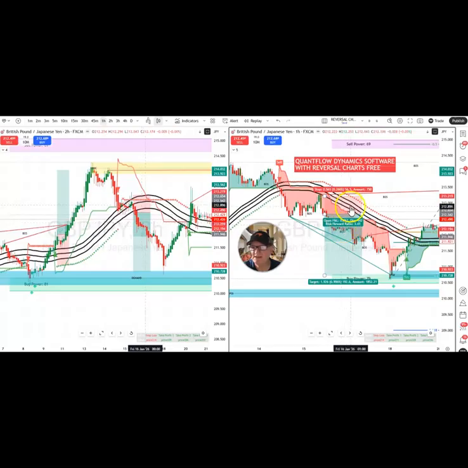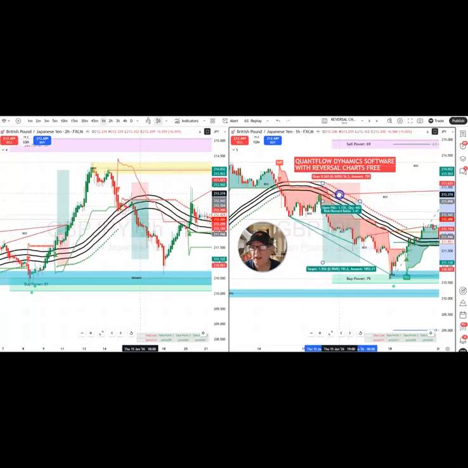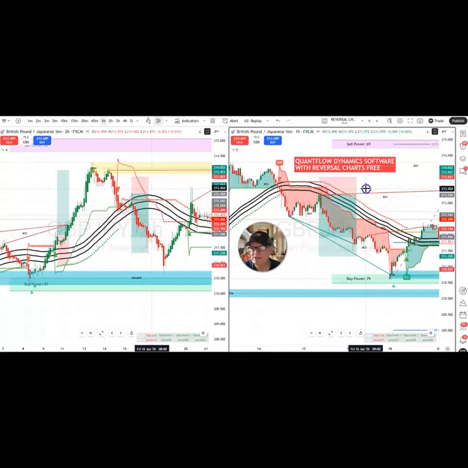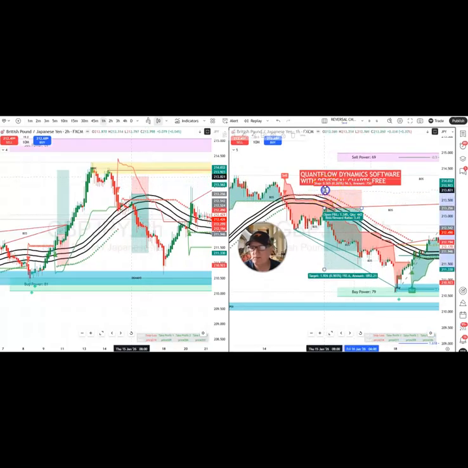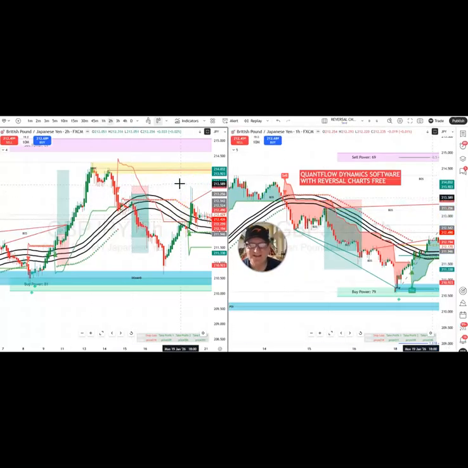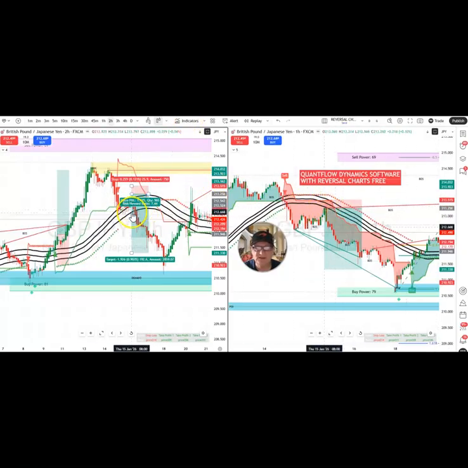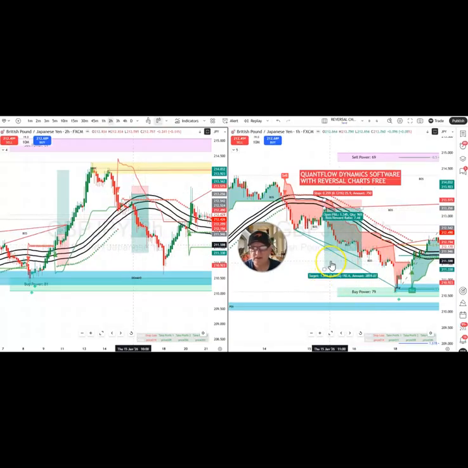In this instance, depending where you're going to get in, if you get in here at the top as it touches that 50 moving average, then you can see that this is very aggressive, because on the left the price has not actually broken down yet. It's not actually broken the 50. How you want to treat that is up to you. This is a very small risk of 25 pips, by the way. So your risk is tiny compared to what your return is, 7.44 risk to reward.